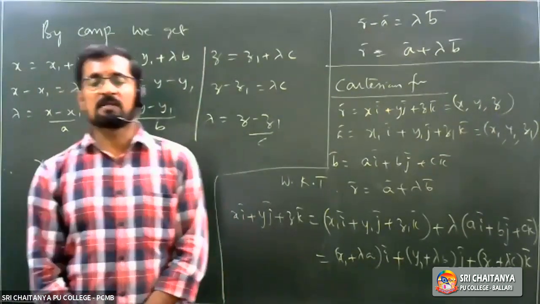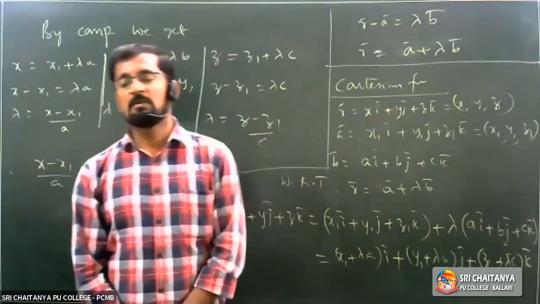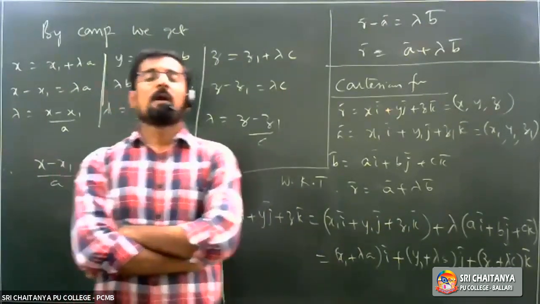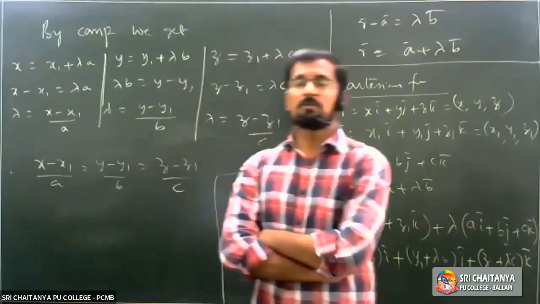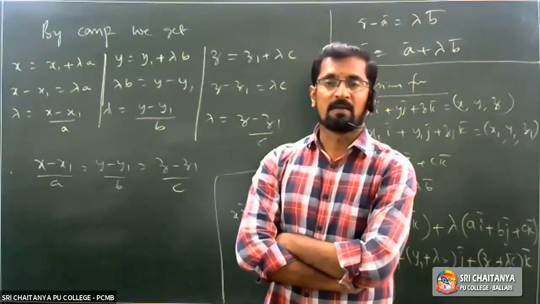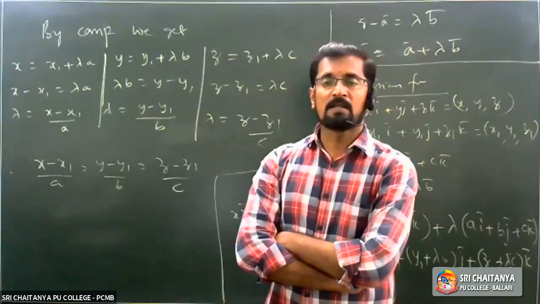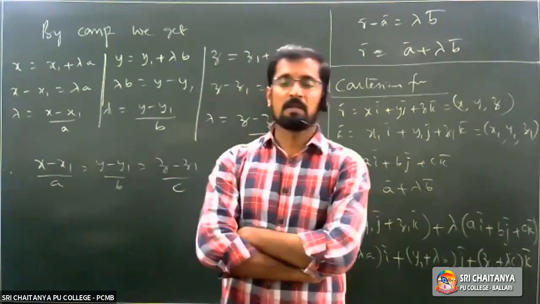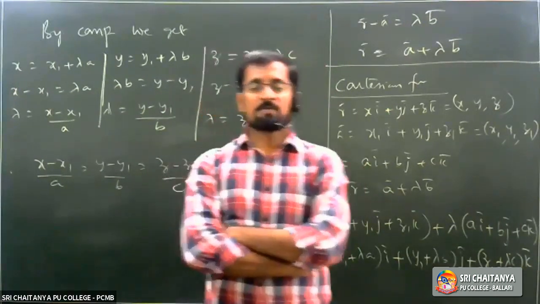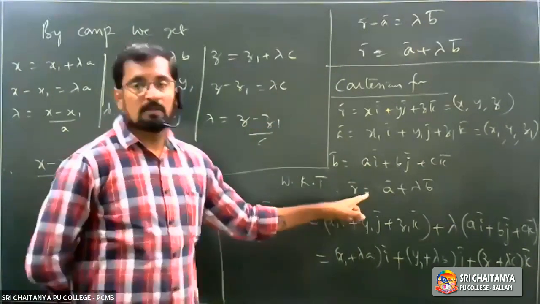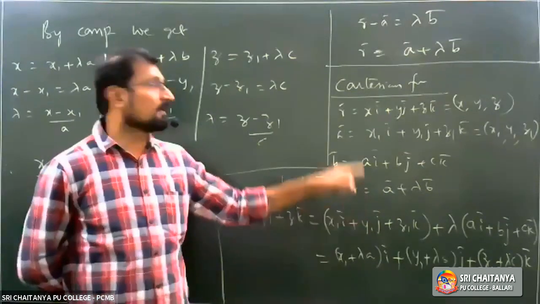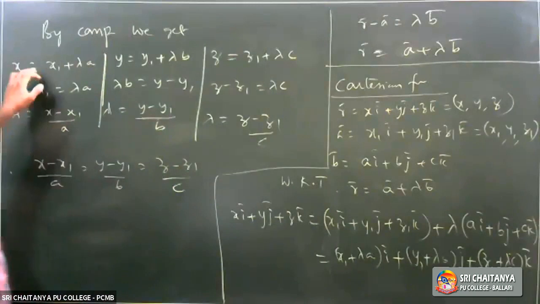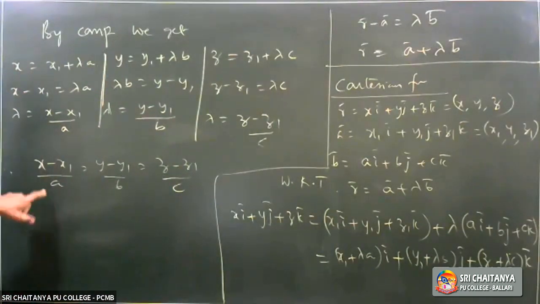So you should consider that as R bar is equals to xi plus yj plus zk, which is not known to you, right? And small a bar is equals to x1 i plus y1 j plus z1 k. Similarly, small b bar is equals to a i bar plus b j bar plus c k bar, right? Now, substituting these three values in this vector form, and by comparing, we are going to get this. Simplify this one to get this.